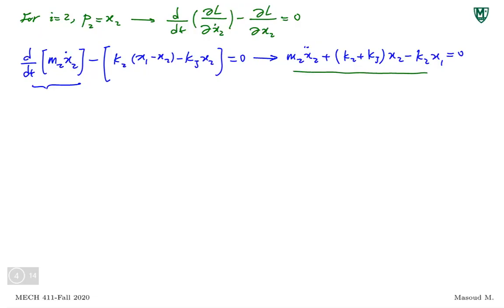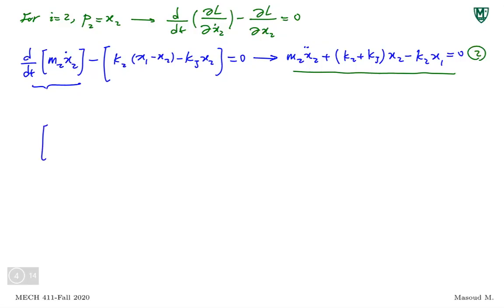This becomes my second equation. Again, that is pretty much what you get from Newton's method. It should be the same. Otherwise, there is a mistake.